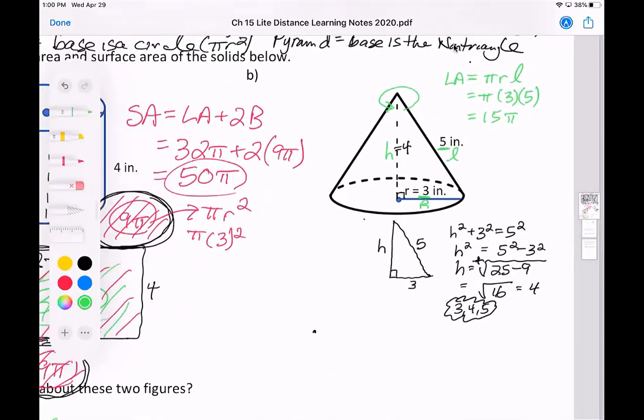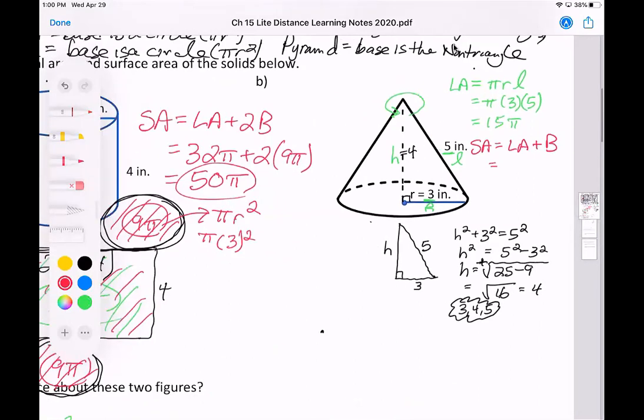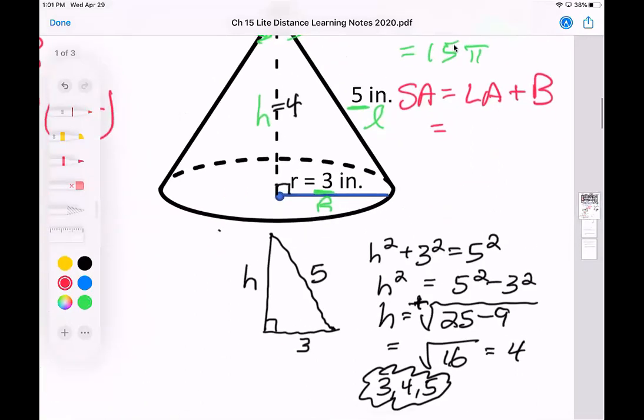Now the surface area would be the lateral area plus the base. Big B is the base. The area of the base is a circle, so we would get 15 pi that we just found, plus the area of the base, pi r squared.